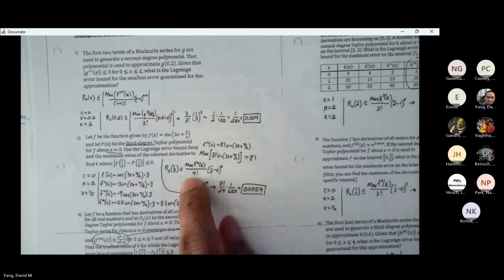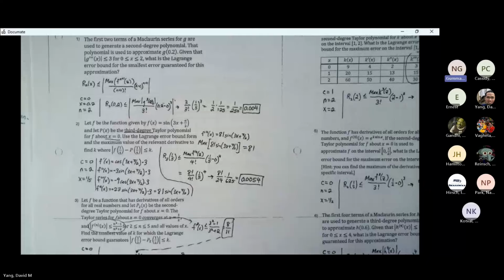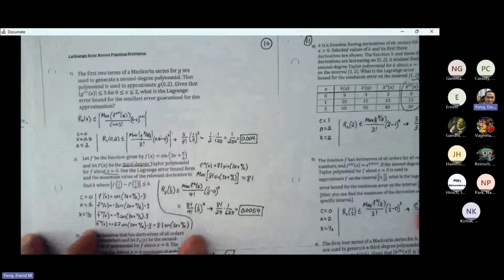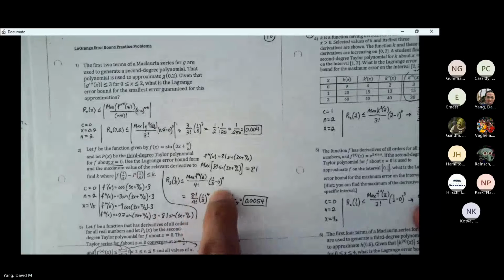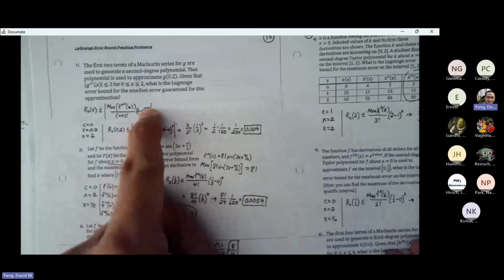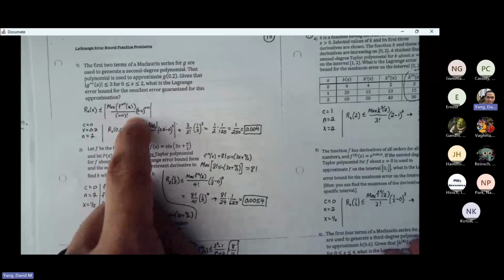But I think they do tell. Yeah, I think the problem kind of gives it away when it's an alternating series, but I think it still works. I think with alternating series, it's always centered at 0, and it's always involving the first unused term.